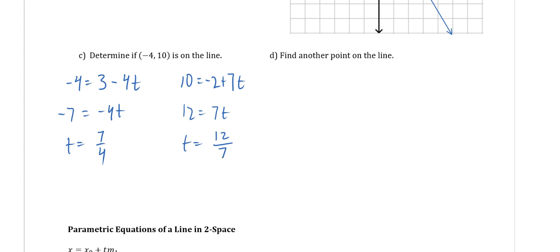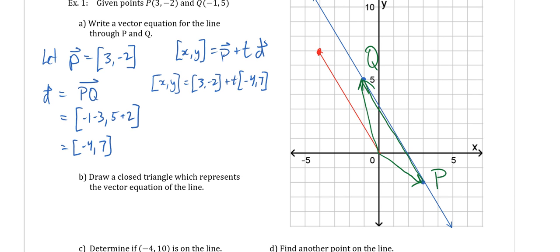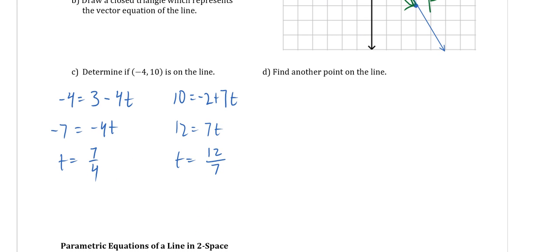Yeah. Okay, so if I make t 2, then I'm going to find another point on the line when I plug that into the equation. Right? It's going to have the same impact on both the x and the y, and it'll be a point on the line. These are different t values.